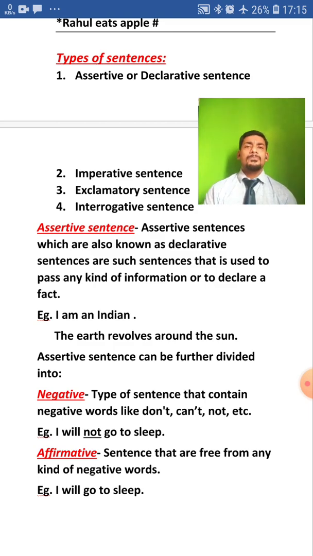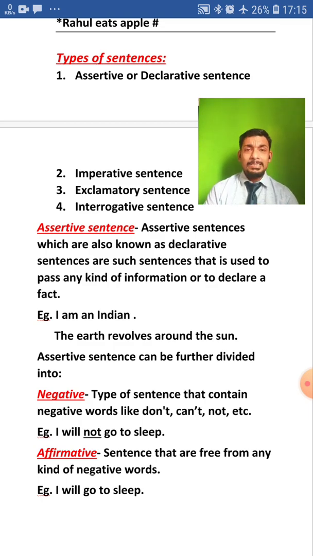Means, assertive sentences are such sentences, my dear students, that we use either to pass any kind of information or to declare a fact.